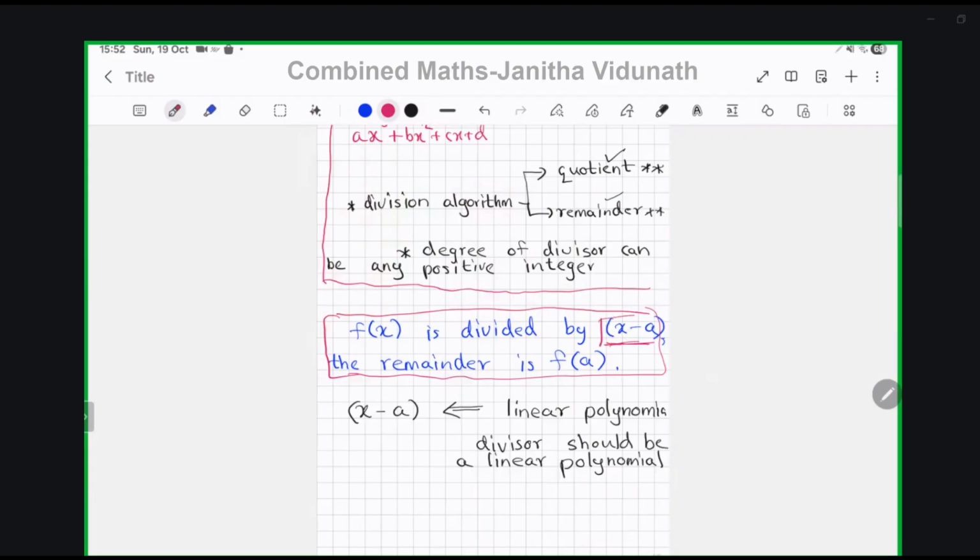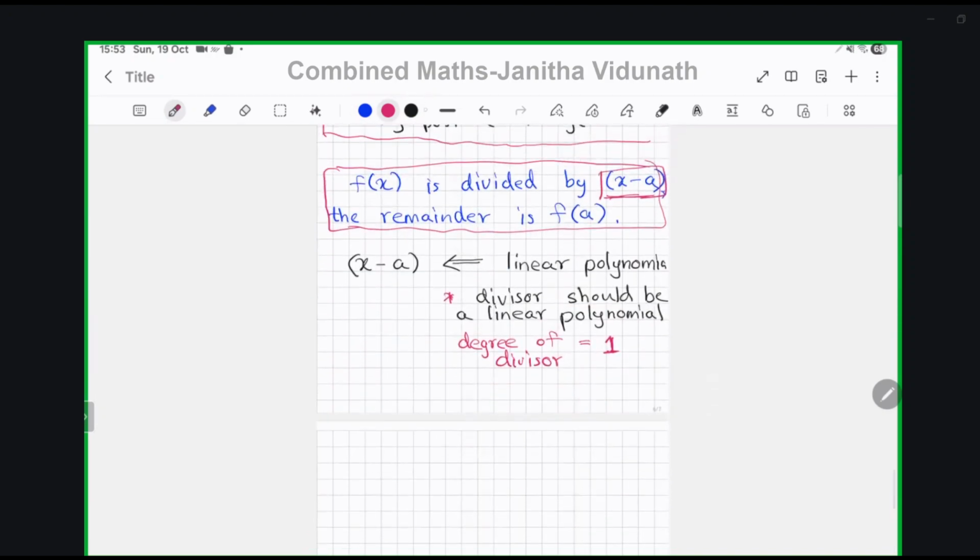This is a very important thing under the remainder theorem. That means the degree of the divisor needs to be equal to 1. This is one of the main points in the remainder theorem.